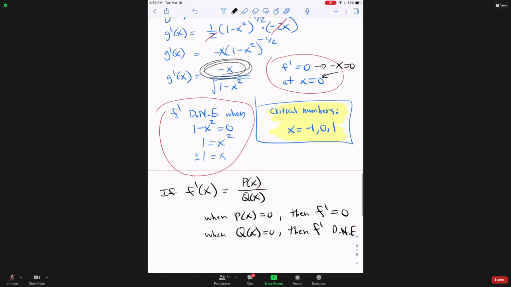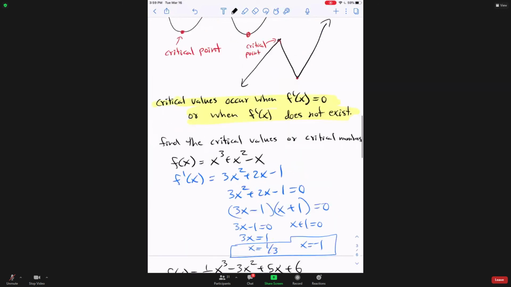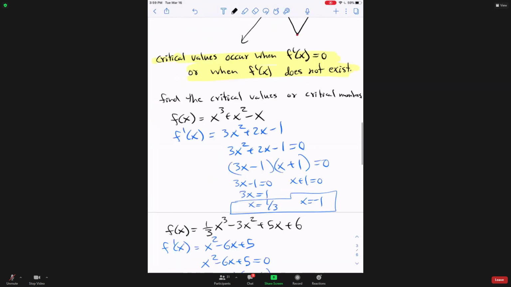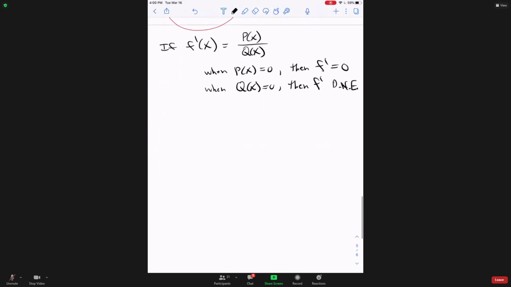Remember the definition of critical numbers, which I wrote right here and highlighted. Critical numbers occur when the derivative is 0 or when the derivative does not exist. So when you have a fraction, you've got to watch out for both. All right, let's do another example. f of x equals x minus 1 over x squared plus 4.